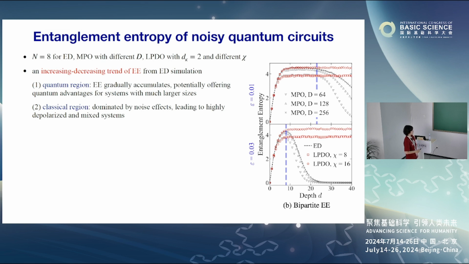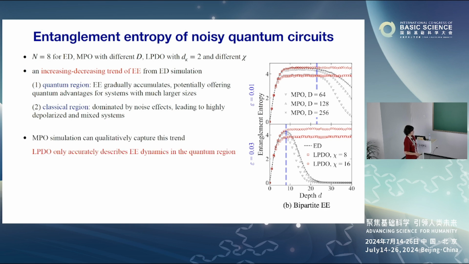One is called the quantum region. Here the entanglement entropy will always accumulate, and this part will potentially offer quantum advantages for systems with much larger sizes. And there's another region, which we call the classical region. This part will be dominated by noise effects, the highly depolarized and mixed systems.